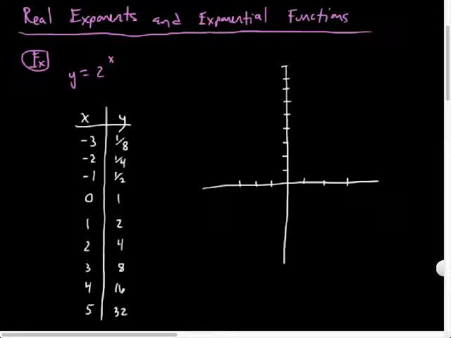So when I graph this, 0, 1. Anything to the 0th power is 1. That makes sense. Over 1, up 2, there we go. This looks linear right now. When I plug in 2, I get 4, so that's right there. Notice it's doubled in height, and then the next one would be all the way up at 8.